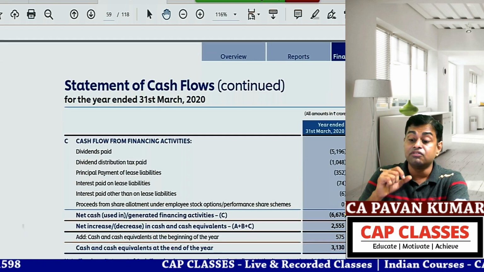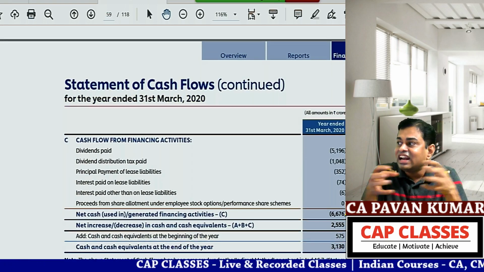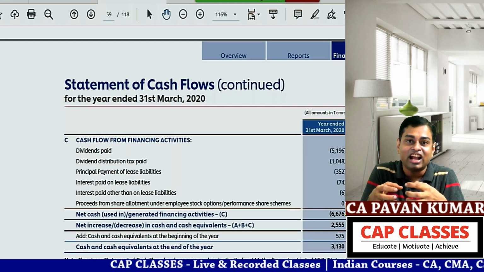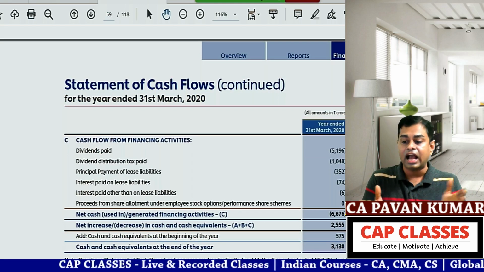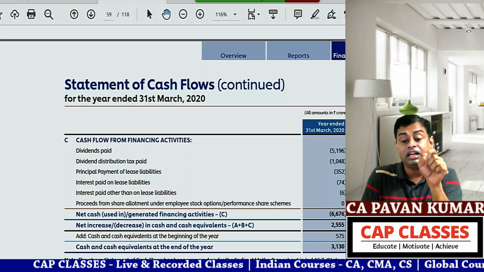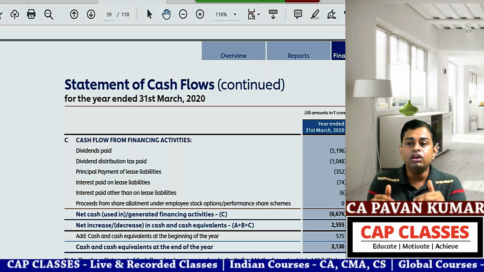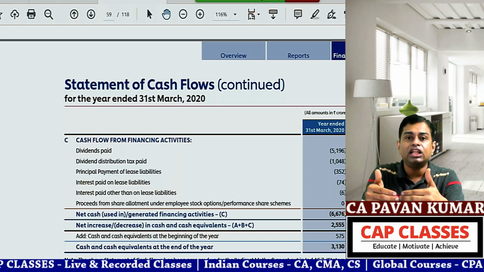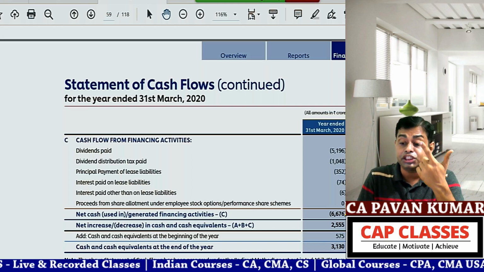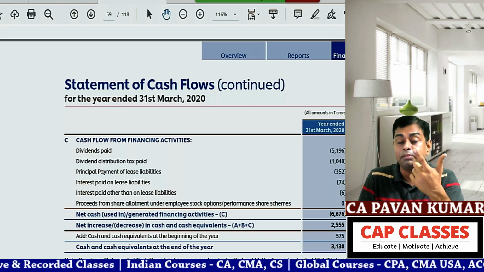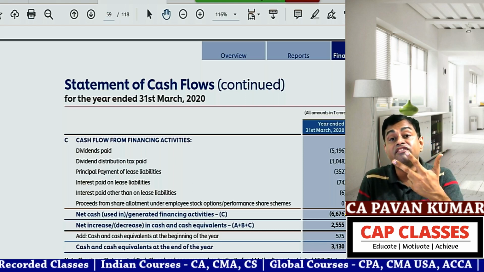Why are we using the word net cash flow? Because we are already netting off positive and negative cash flows. Positive cash flow without a bracket, negative cash flow with a bracket. I am netting it off. So net cash flow. Then you will consider the opening balance of cash, which includes three elements: cash in hand plus cash at bank plus cash equivalents.